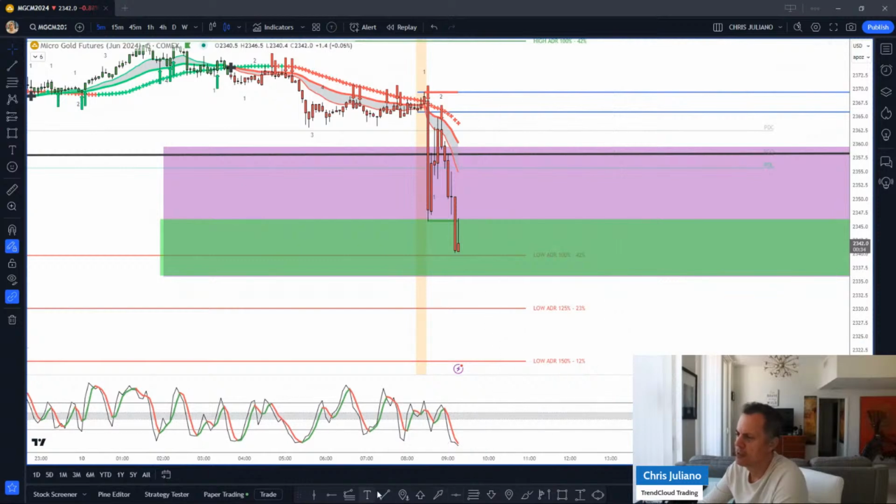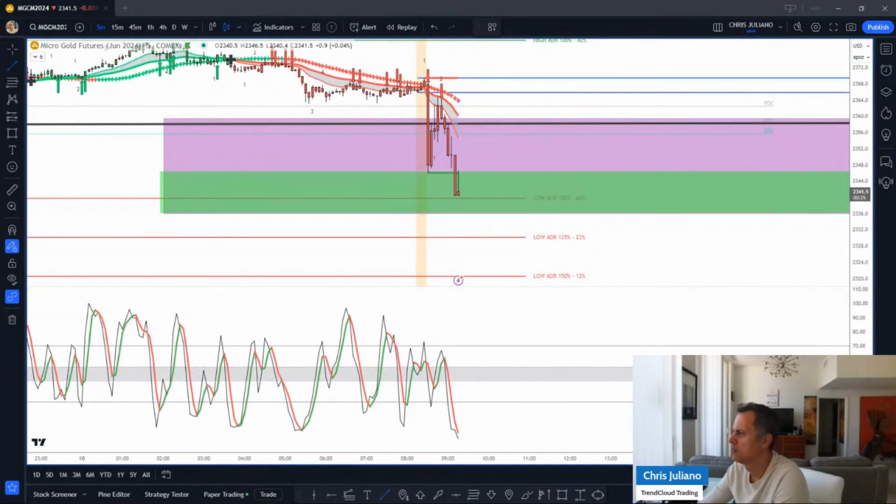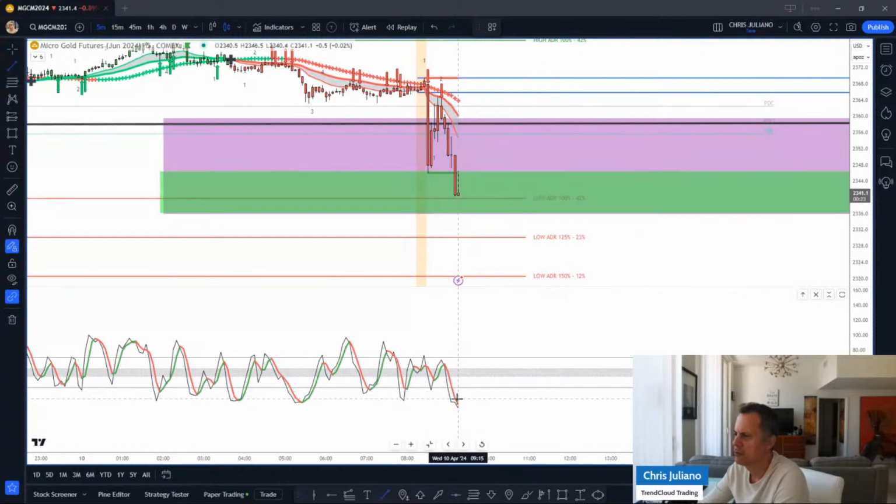What you're going to see on that cycle indicator itself is going to look something like this. Now, what will the candlestick pattern look like? It's going to be very similar.